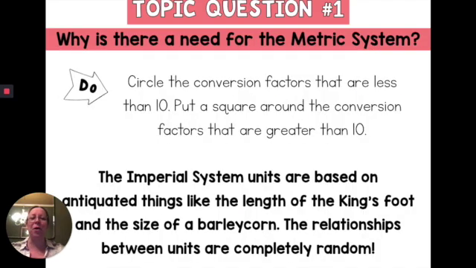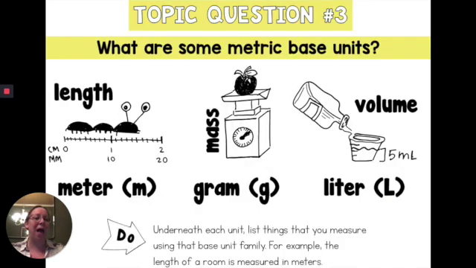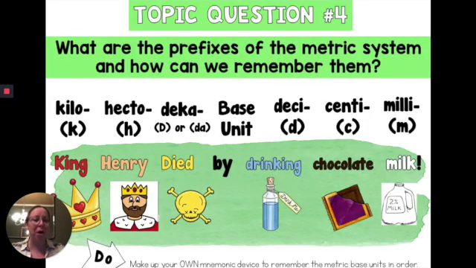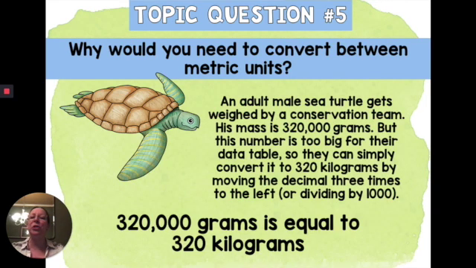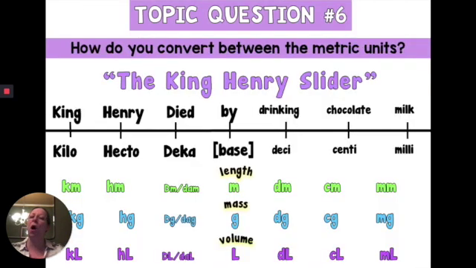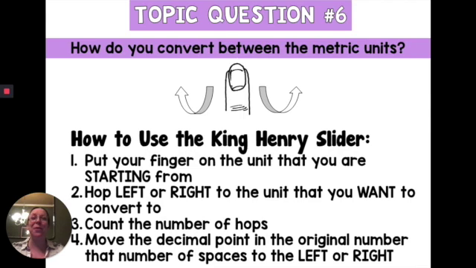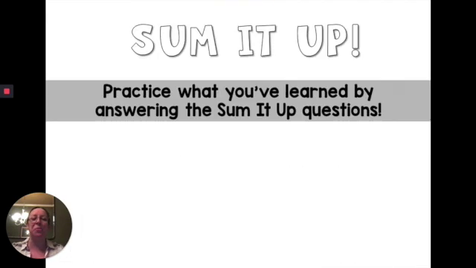And of course, I will be available the first 30 minutes of class today and tomorrow to help answer questions about this, to walk you through it. I'll be able to open it up on my screen, hopefully, and share it with you all. When you're done with your notes, there is a Sum It Up page, which is kind of a practice page at the end of it.